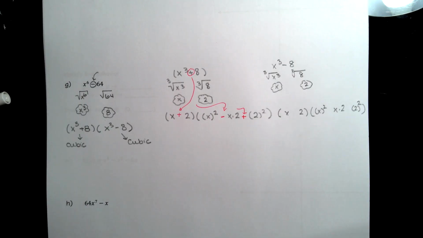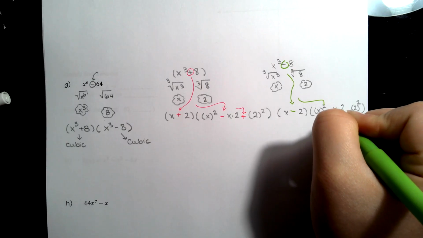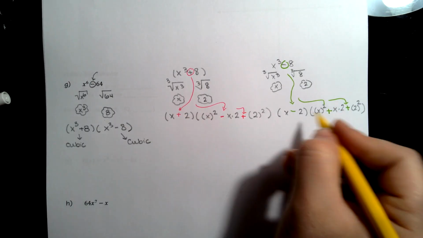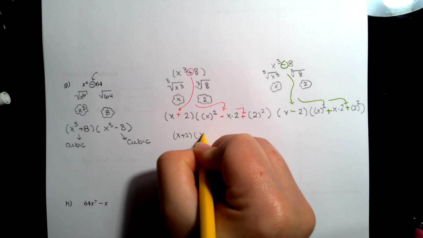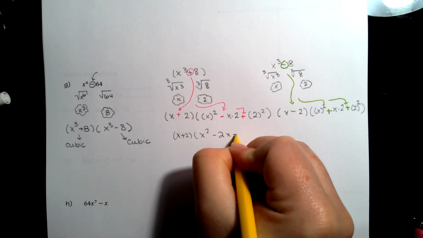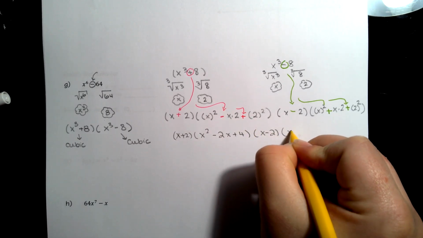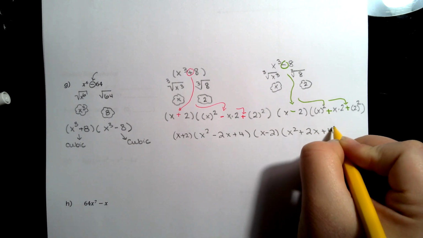So our signs on this one is going to be always same, always different, always positive. Let's go ahead and simplify this out. So x plus 2, x squared minus 2x plus 4, x minus 2, x squared plus 2x plus 4.